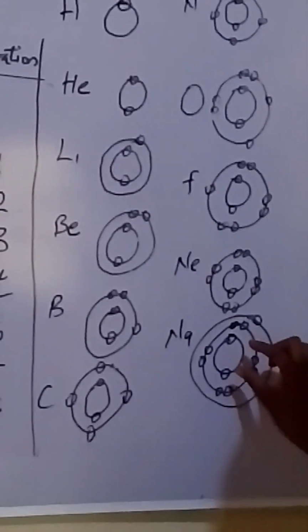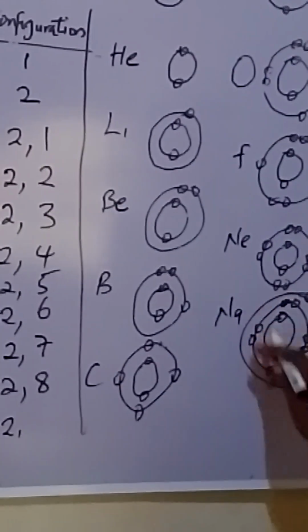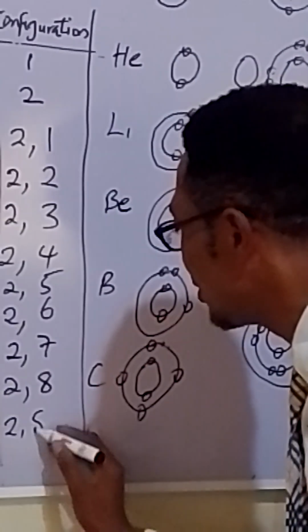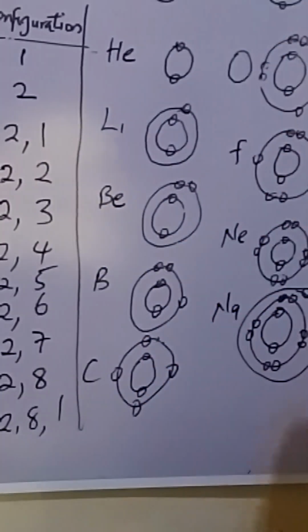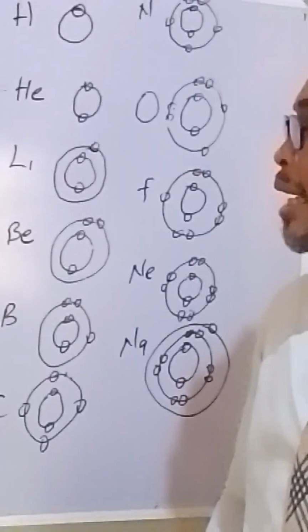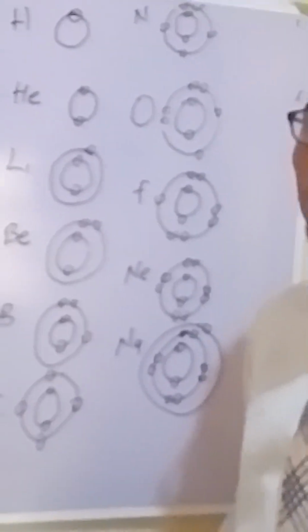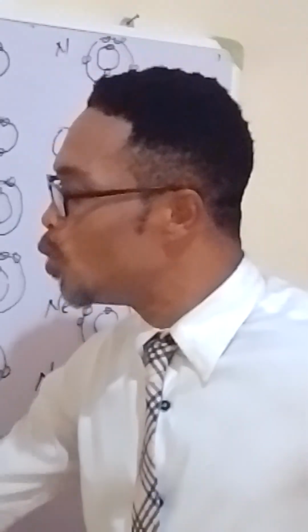Watch. It will now be the first shell has 2, the second shell has 8, and the third shell has 1.